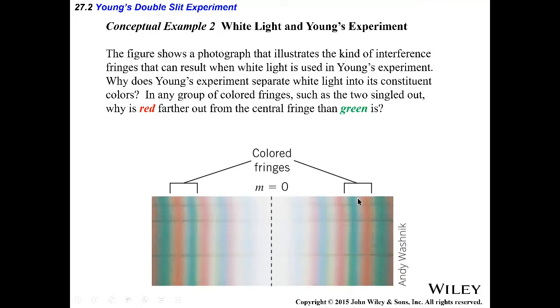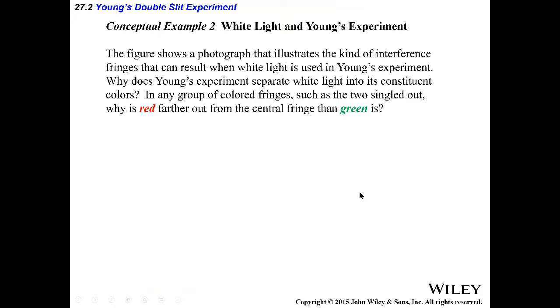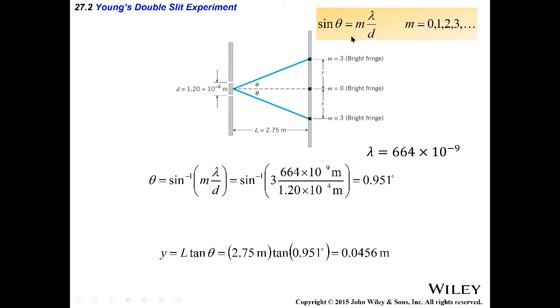Well, outside, the bright fringe for red light is different from the bright fringe for green light. You remember that formula here, right? Red light has a longer wavelength than green light. So if you look for the bright fringe, m equal to 3 or m equal to 2 or whatever, a given m, let's say m equal to 3, the red light will be at a bigger angle than green light. You got the idea?